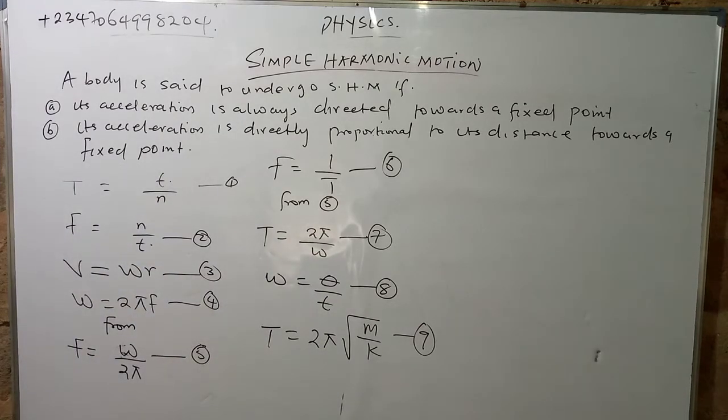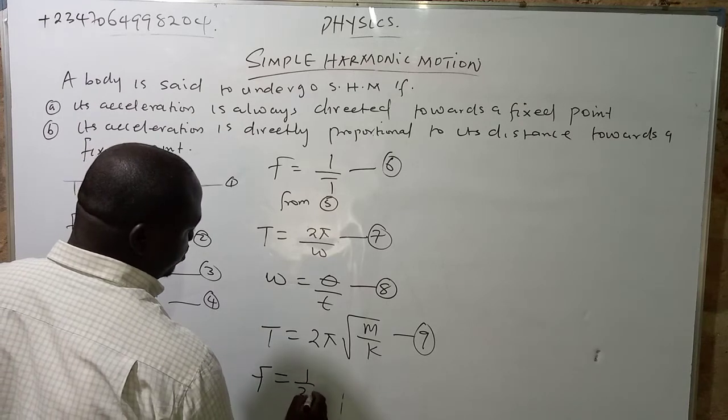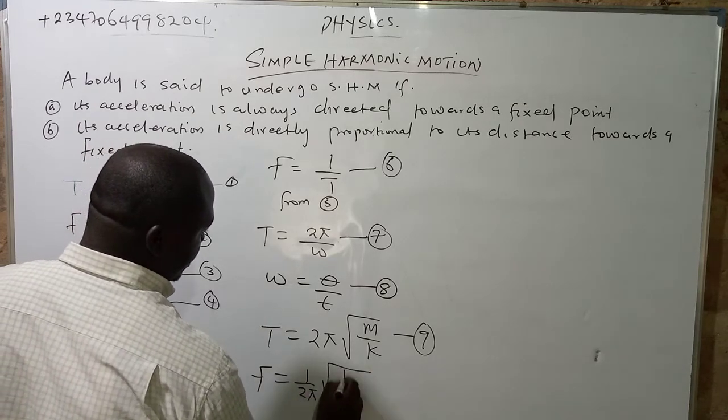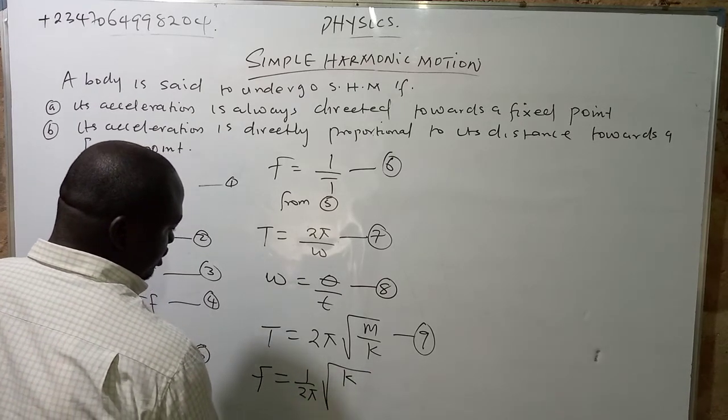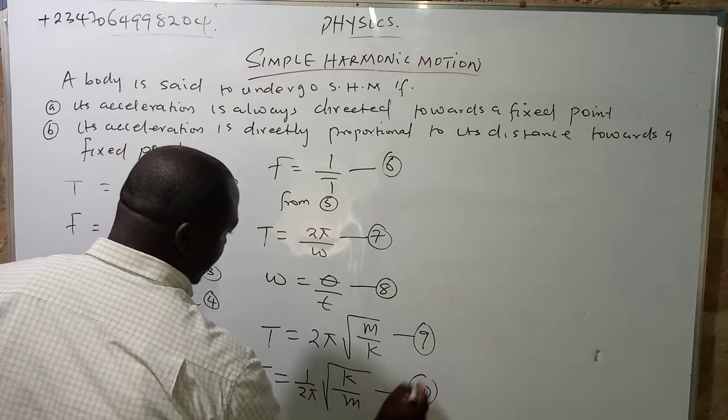The period is 2 pi root m over k. And if this is so under equation 9, remember from equation 6 that the frequency is the inverse of time. So all I need to do is just turn it. That means from here that my frequency is now 1 over 2 pi into bracket root k over m. And this is equation 10.